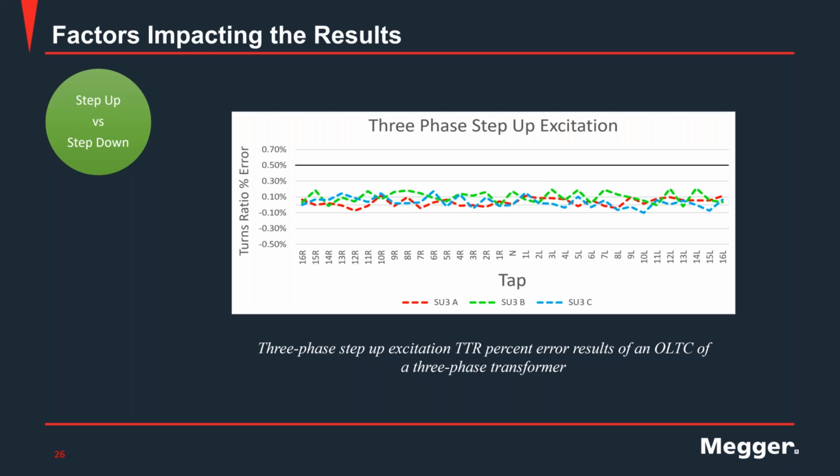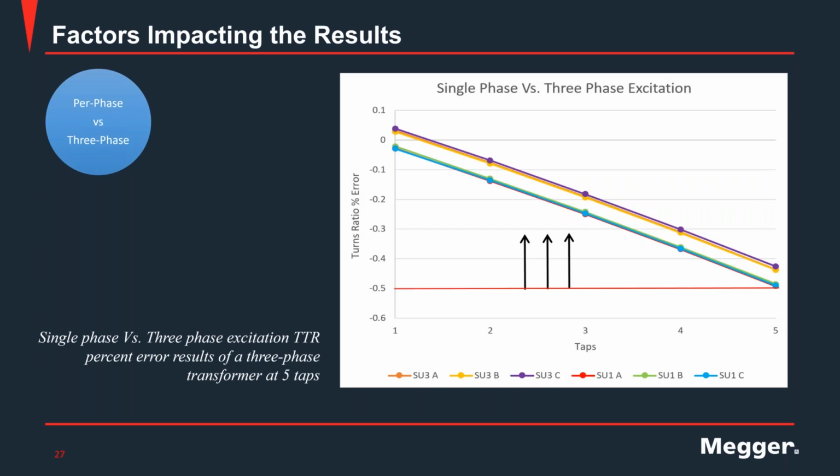So now let's look at that effect as well, using the same voltage, but going from single phase excitation to three-phase excitation, doing either one phase at a time versus the three phases simultaneously.